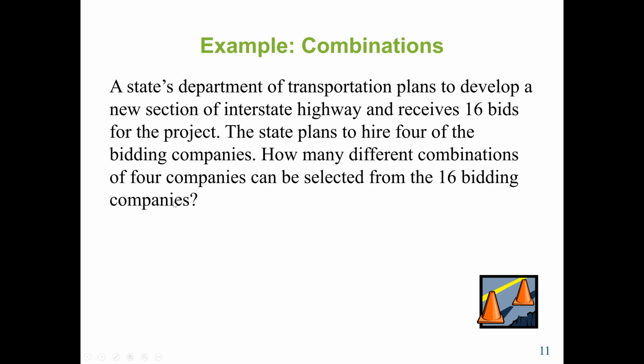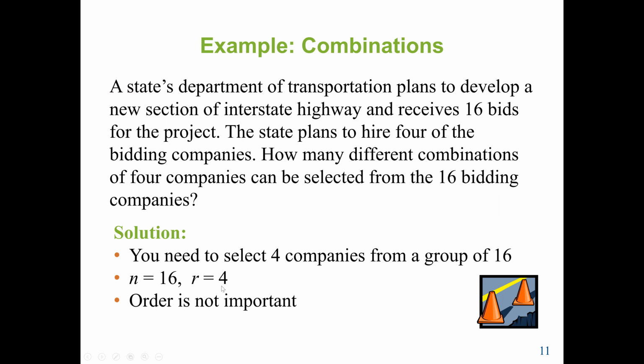So just looking at the question, we can't use permutation here because, for example, if we have 3 people, James, William, and Michael, whether Michael comes first or James comes first is the same 3 people together. So the same thing applies to these companies. And we have 16 bids. Any amount we select, if we select 4, the order doesn't matter.